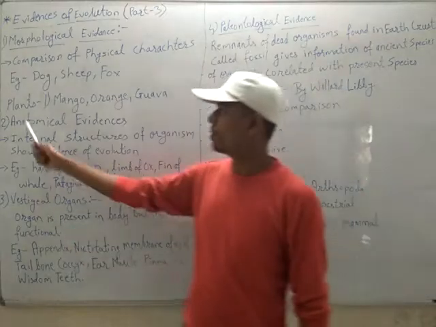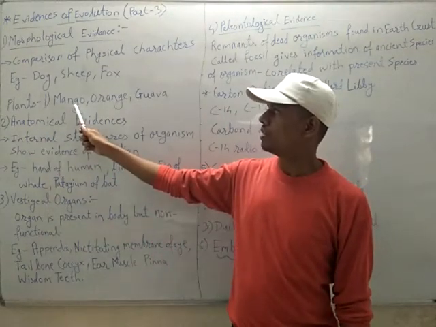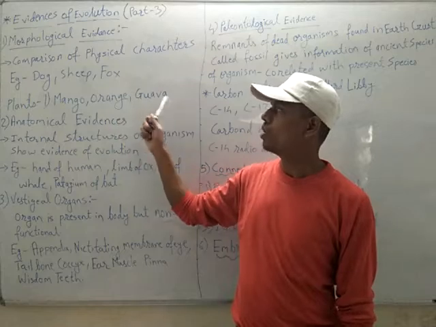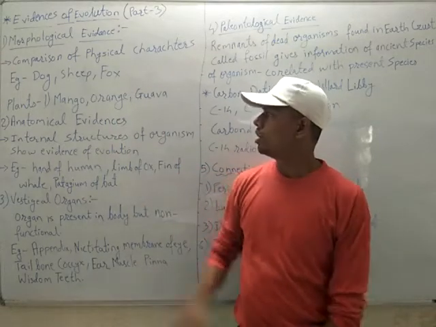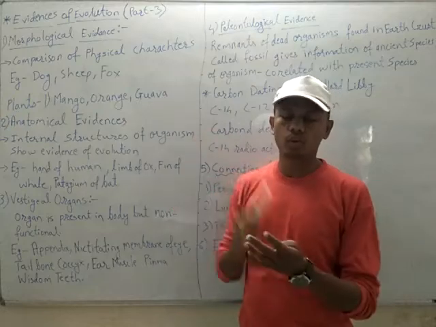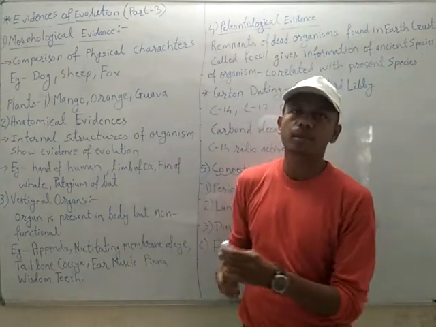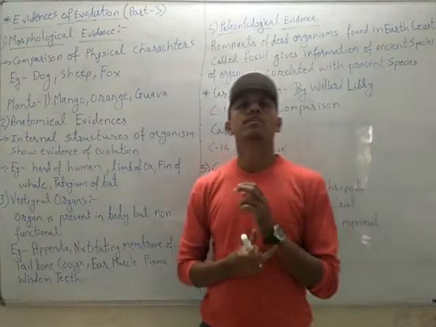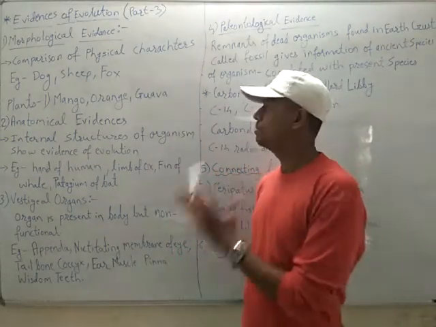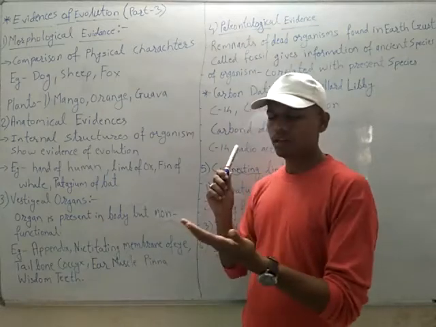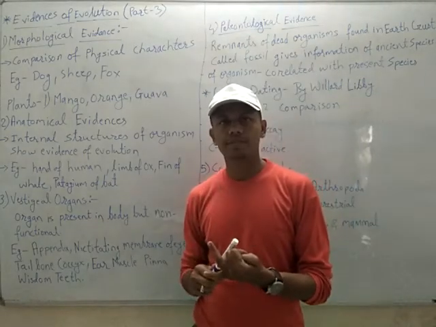Even in the case of plants, what is the case? If you see the trees of mango, orange, guava, what similarities can you find? All the plants have root, stem, leaves. Even though they are different species of plants and produce different fruits, they have similarities. The plant body is divided into root, stem, and leaf.